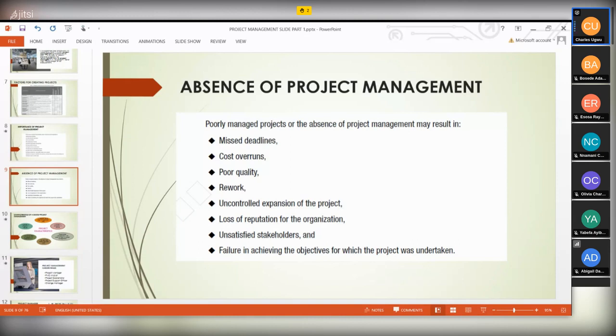We manage projects every time. Every morning when you wake up to go to work and come back is a project. You cook your food is a project. You go to market to buy something for the family is a project. If you don't manage your shopping, you go to the market and you start buying rubbish.